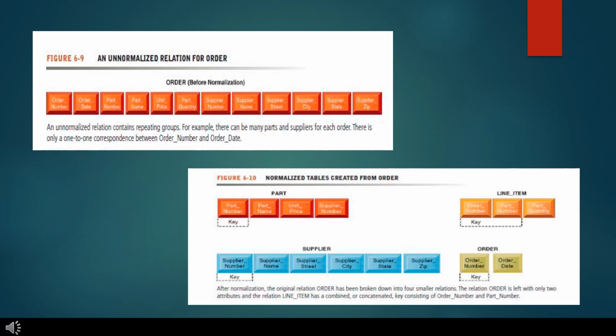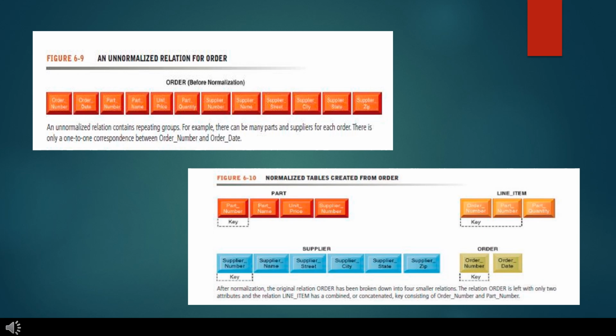Now let's take a look at these figures to see the differences between unnormalized and normalized table relations for order. As stated, an unnormalized relation contains repeating groups. So there can be many parts and suppliers for each order, and only one-to-one correspondence between order number and order date.